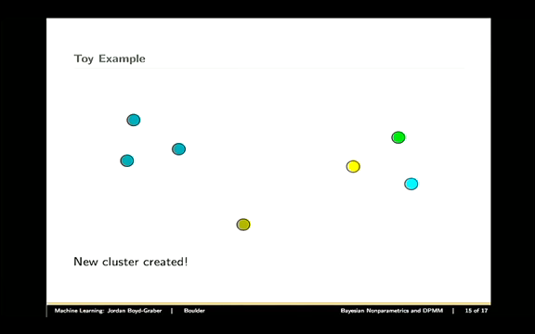So we've created a new cluster, and this is what the Dirichlet process can do. If it doesn't like any of its options for the other clusters, it's not like k-means, where you just have to go to whichever one is closest. You can create your own cluster and say, I'm hanging out by myself, hopefully other people will join me.